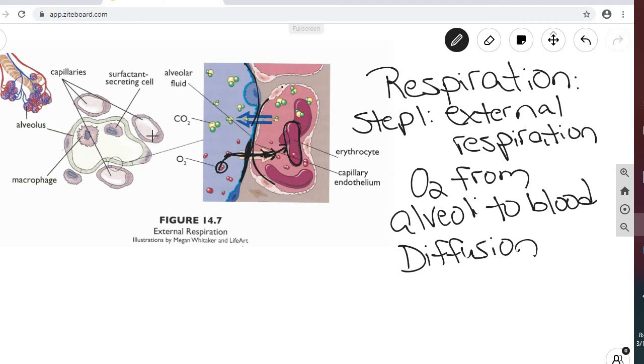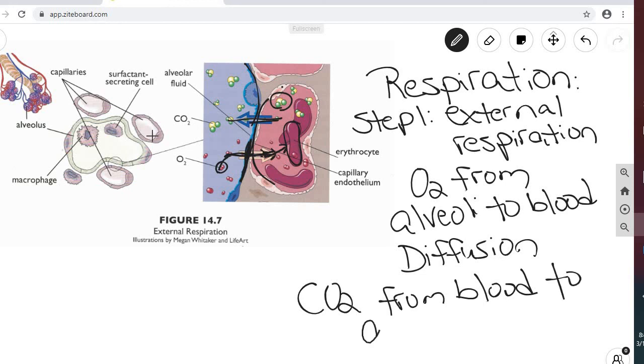The other thing that happens is carbon dioxide. Remember, carbon dioxide is being carried from the body tissues in the blood, and it is going to diffuse in the other direction. So it's going to leave the blood, so CO2 will go from the blood to the alveoli.